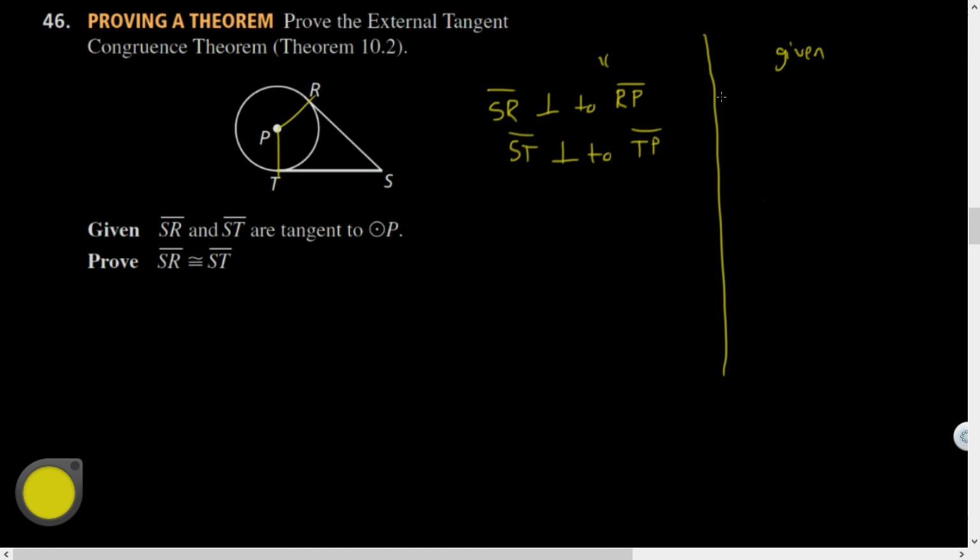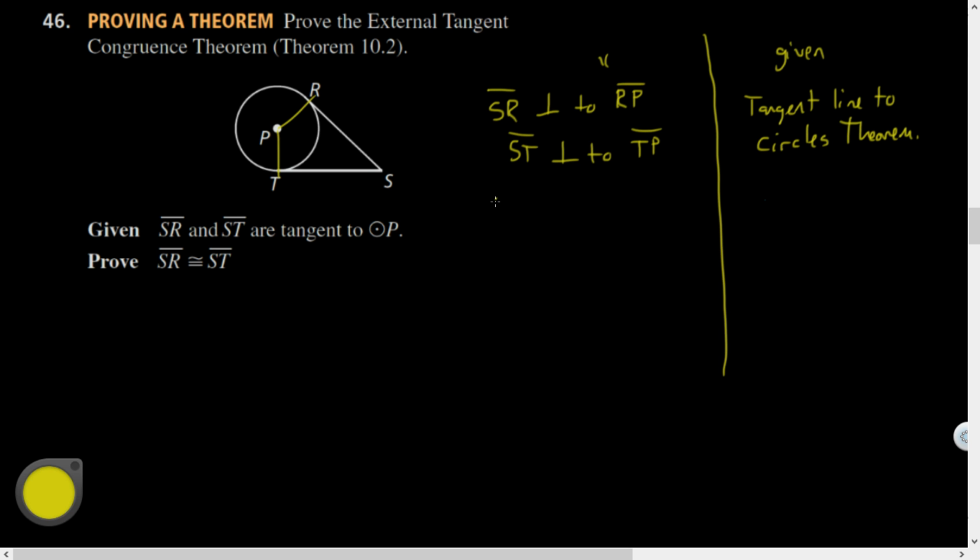And the reason those are true is Theorem 10.1, which, by the way, the official name of that is the tangent line to circles theorem, because not every book would call that Theorem 10.1. All right, so that's why those are true.